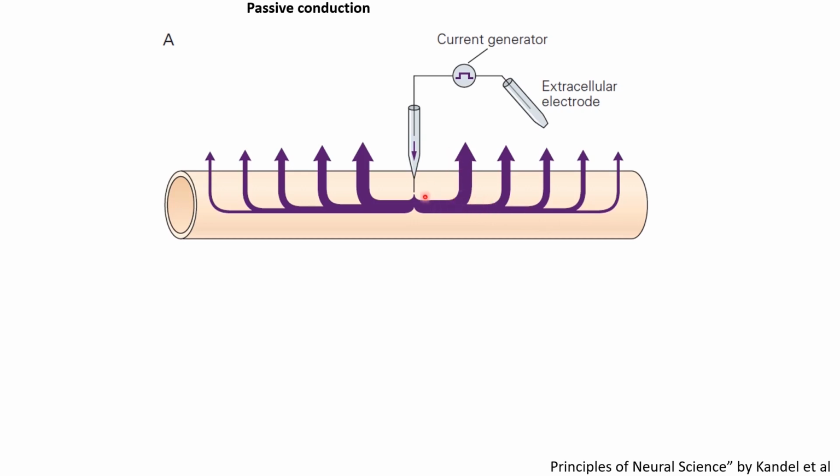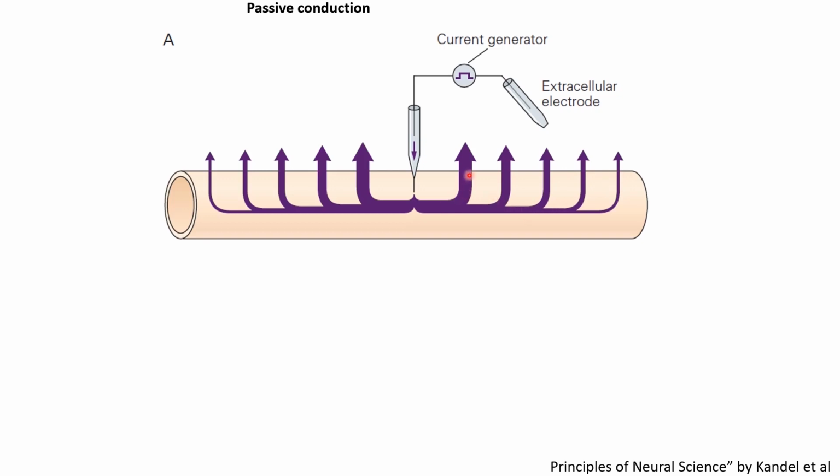Now since some current is flowing out here, a lesser amount of current reaches this point, and again some current is flowing out here, so lesser current reaches this point. So the farther we go from the point of injection, the lesser current is available to flow out through the membrane. And this current that is flowing through the membrane charges the membrane and changes the membrane potential.